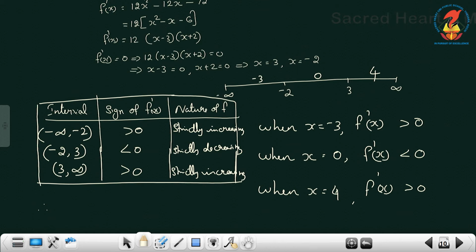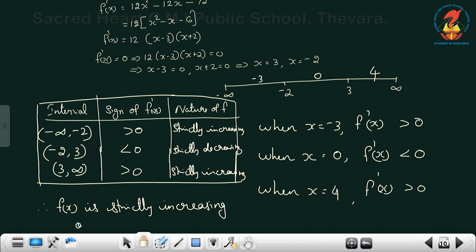So you can write the conclusion: therefore f of x is strictly increasing, 2 intervals are there. Strictly increasing on minus infinity to minus 2, then you can put the union symbol, 3 to infinity.